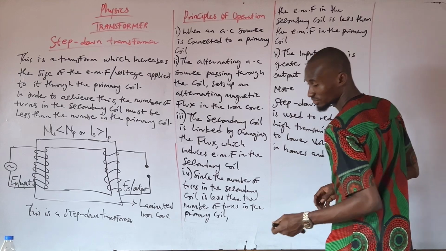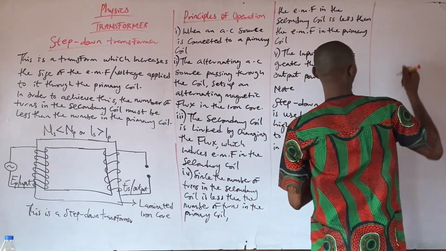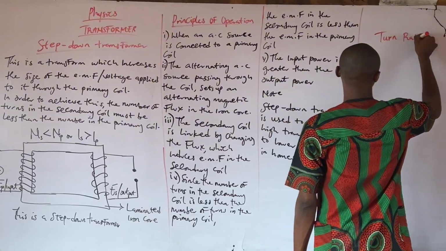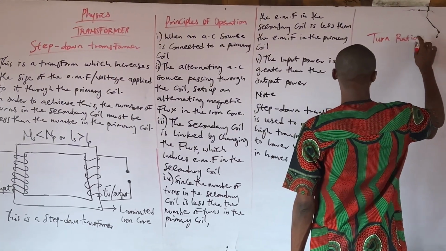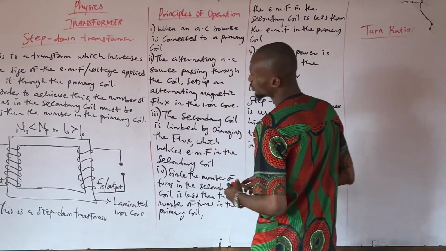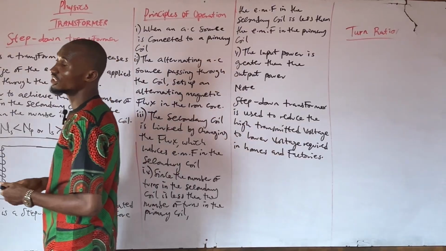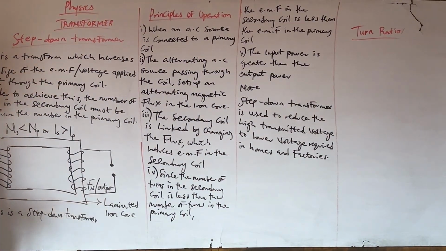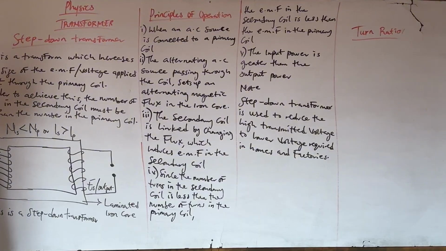Now, the next thing we need to look into is turn ratio. What is turn ratio? Turn ratio is the ratio of secondary turns to primary turns, the ratio of secondary coil to primary coil.